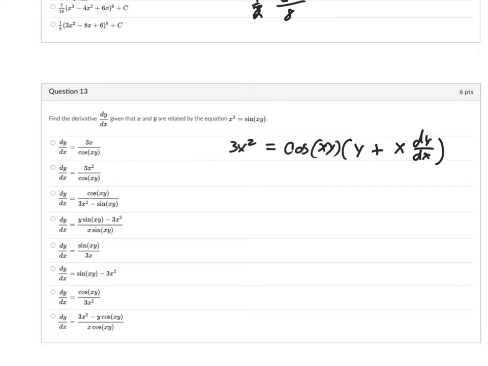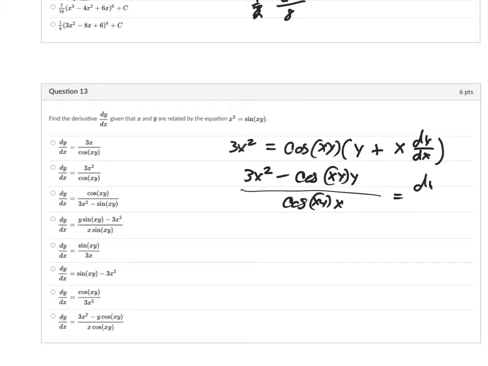So that what that'll get us is I can divide over the cosine xy times y. We'll have 3x squared over, 3x squared minus the cosine xy times y, right? And then we can divide by the cosine xy times x, right?